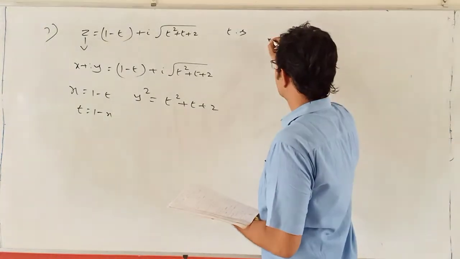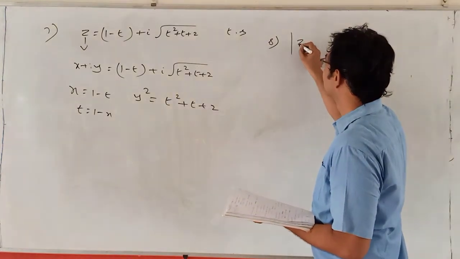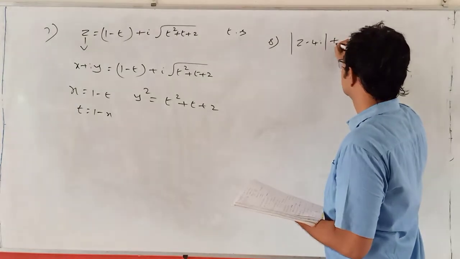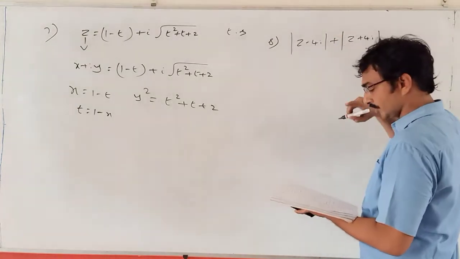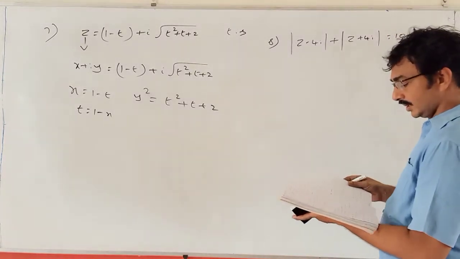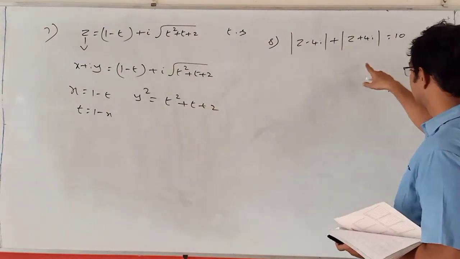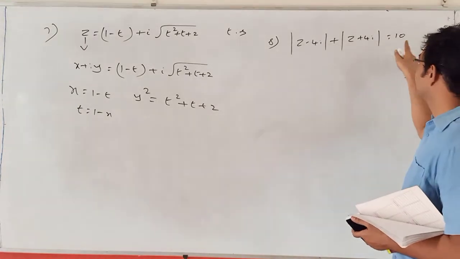Okay. Next, eighth one. Modulus of (z - 4i) plus modulus of (z + 4i) equal to 10. Then the locus of z. This is in the form of PA + PB.